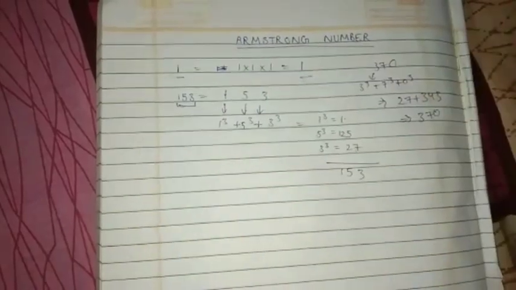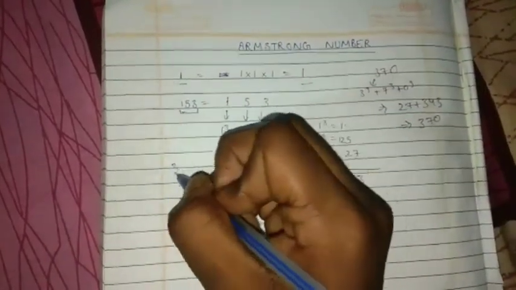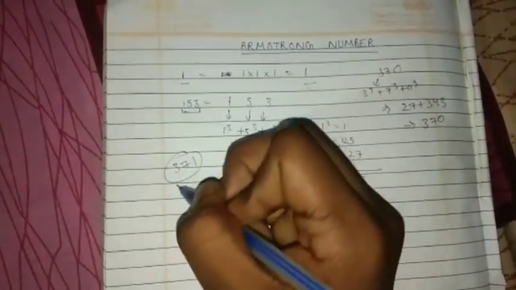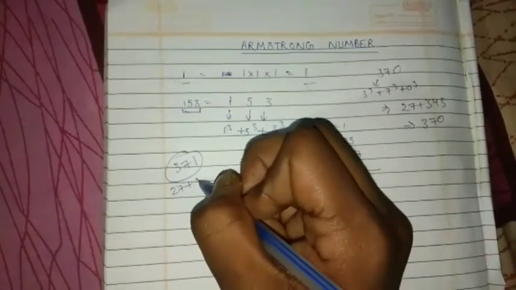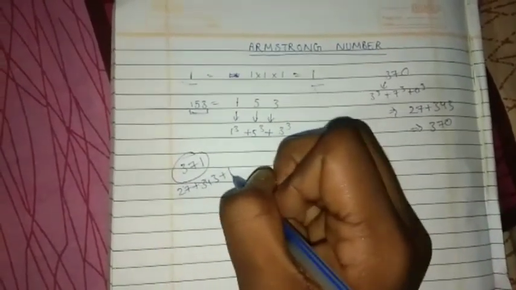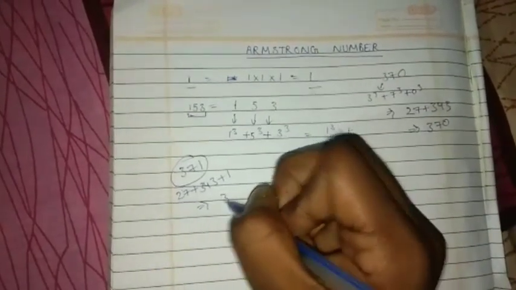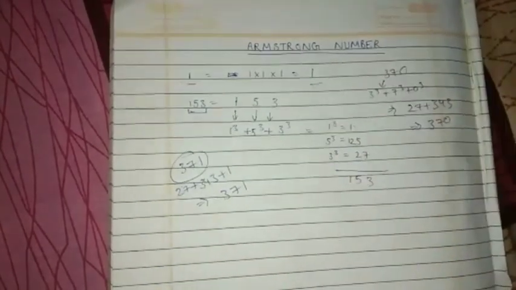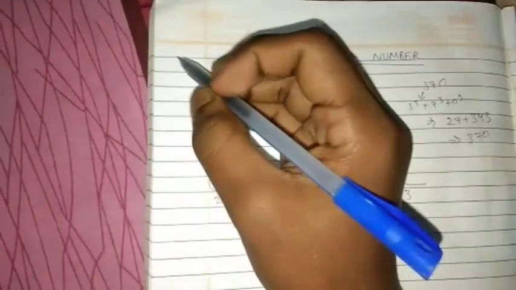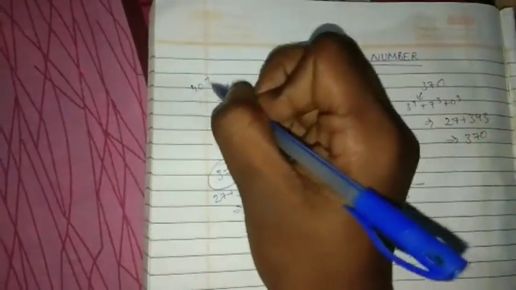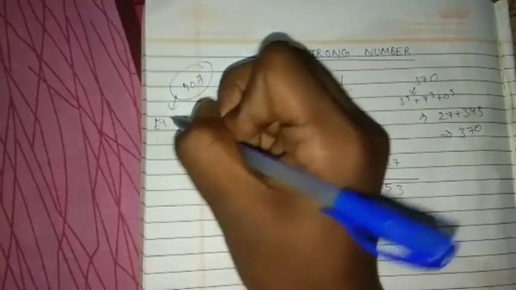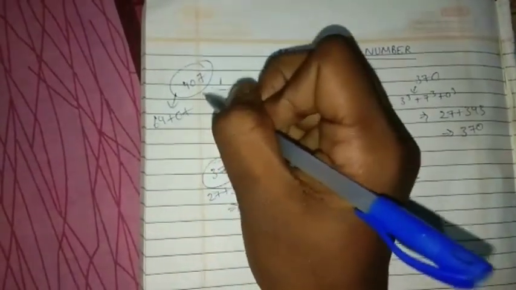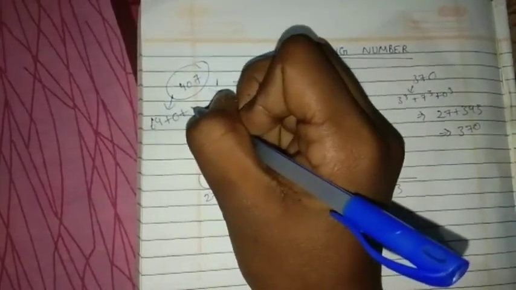And if you want the next one, it is 371, where 3 cube is 27 plus 7 cube is 343 plus 1 cube is 1, and the output will be 371. And the next example is 407. 4 cube is 64 plus 0 cube is 0 plus 7 cube is how much?